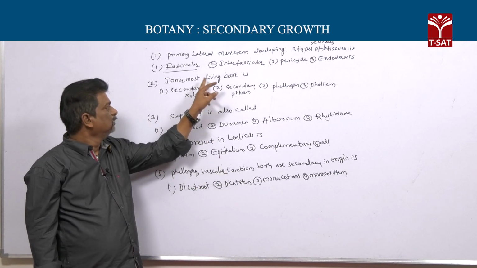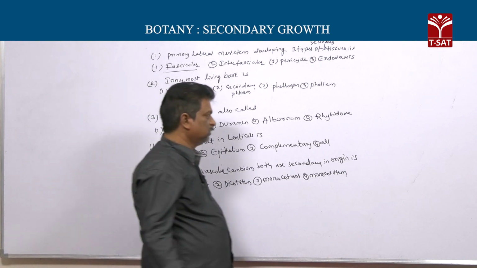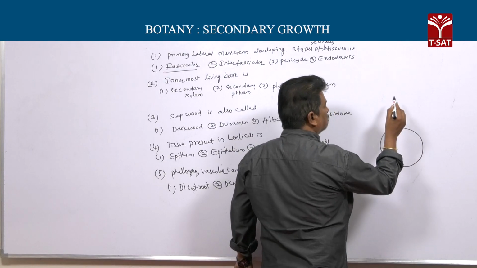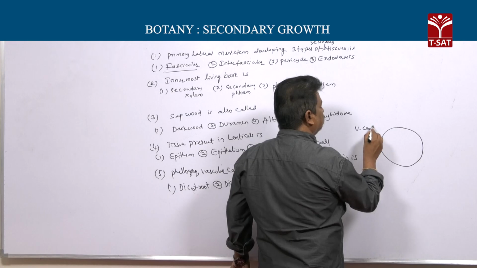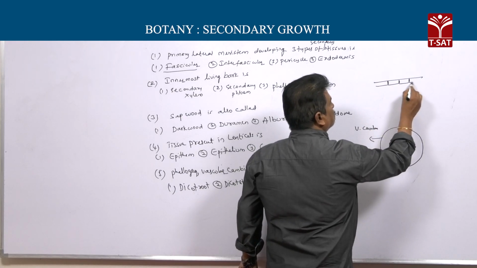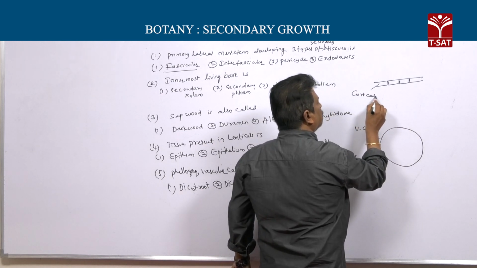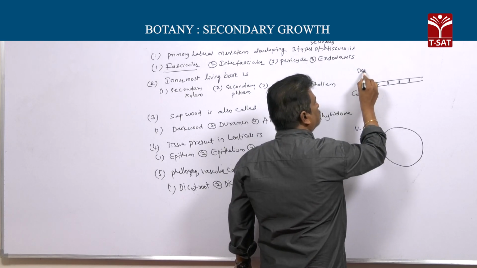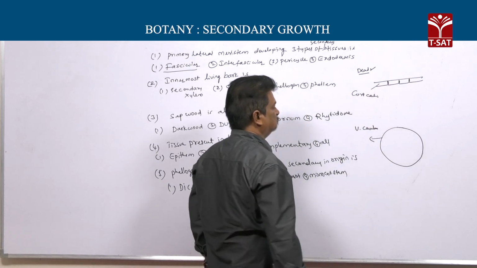The next one, innermost layer of living bark. Just now I discussed bark. Living bark is present in between the vascular cambium and the cork cambium, and dead bark is present outside the cork cambium.